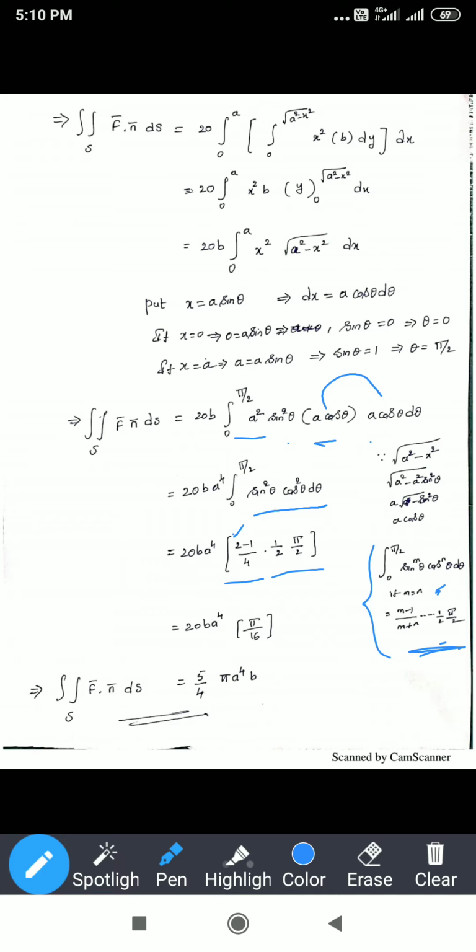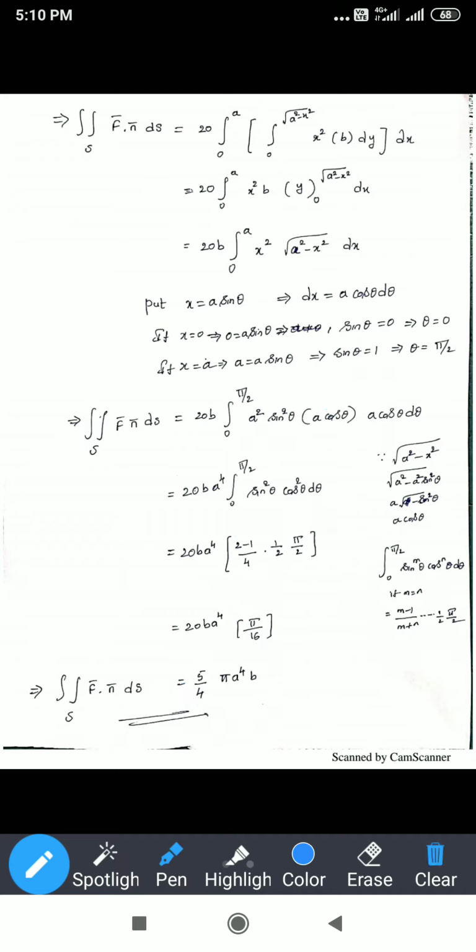When applying this formula, you get pi by 16. So totally the result becomes 5 by 4 pi a power 4 b. So this is the triple integral value, which automatically is equal to the double integral f dot n ds. So finally you got the surface integral as 5 by 4 pi a power 4 into b.